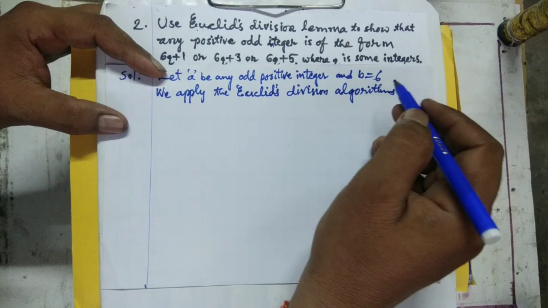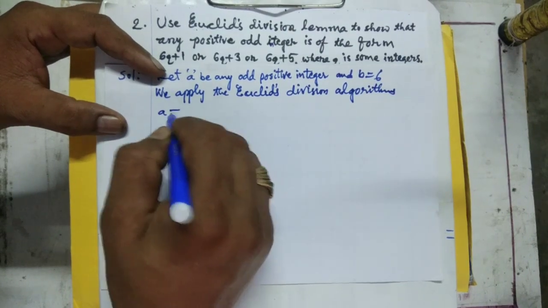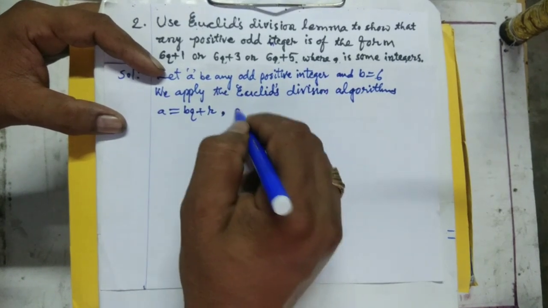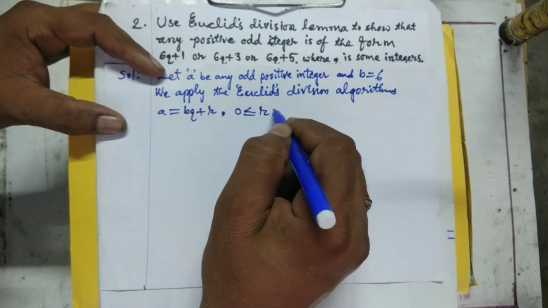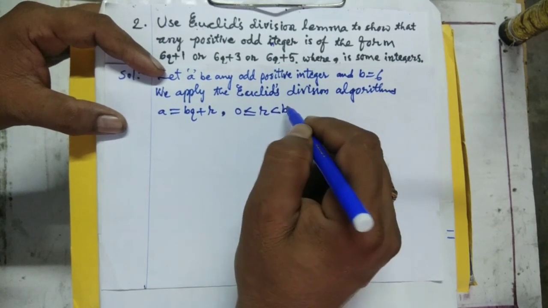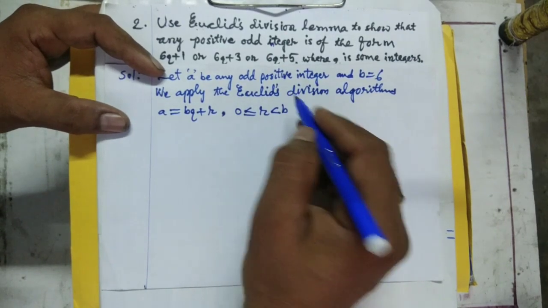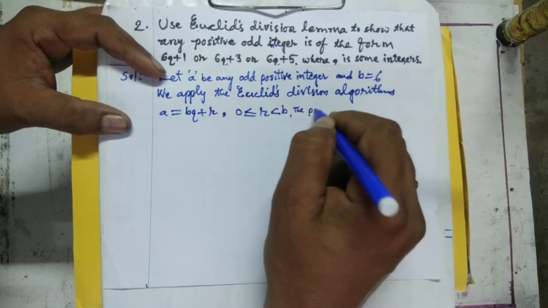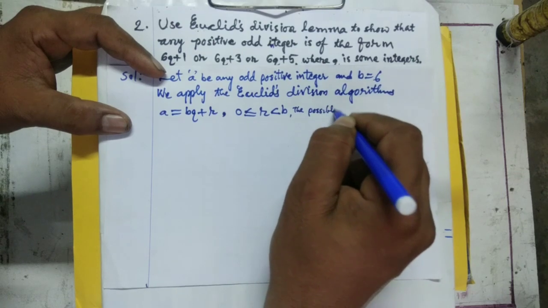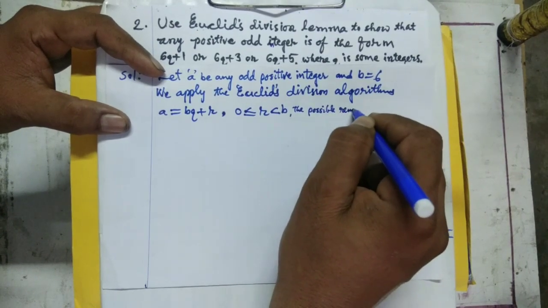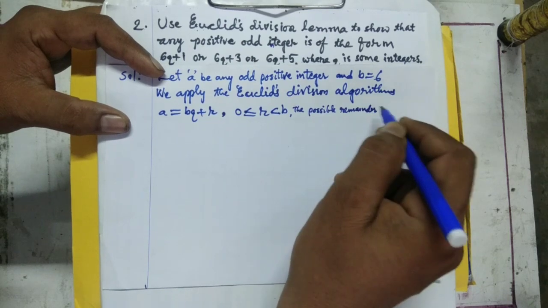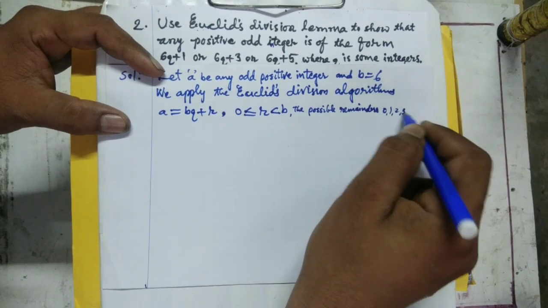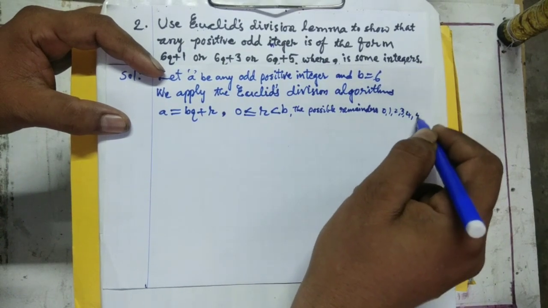We know a is equal to bq plus r, where 0 is less than or equal to r, less than b. The possible remainders are 0, 1, 2, 3, 4 and 5.